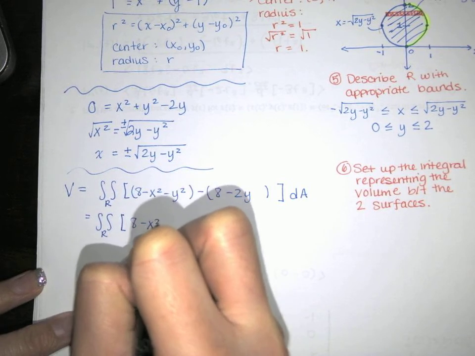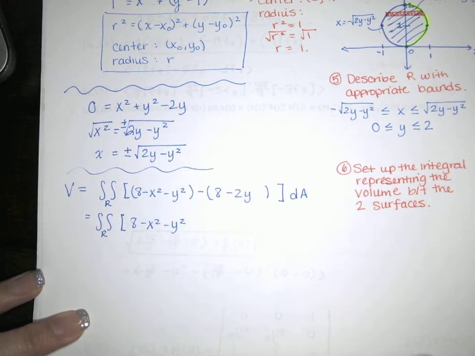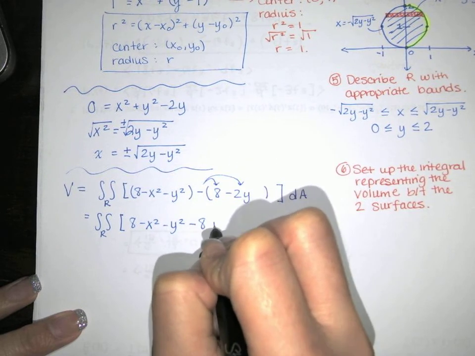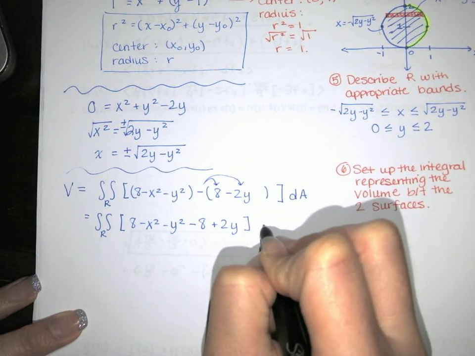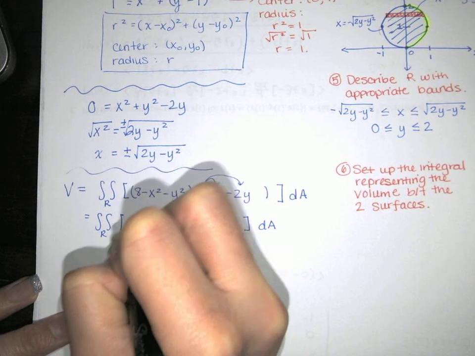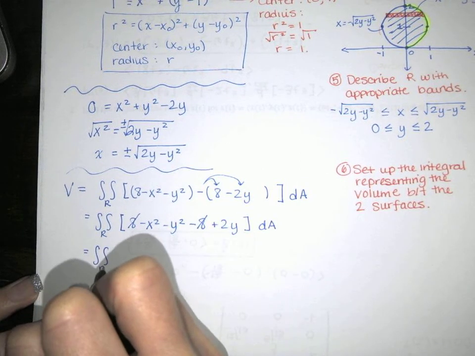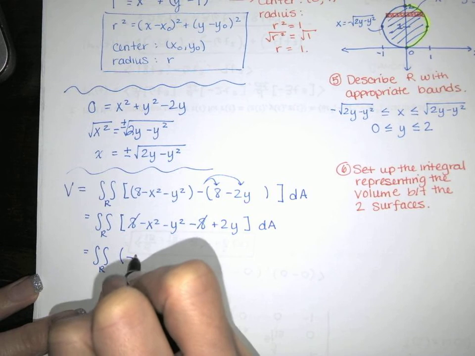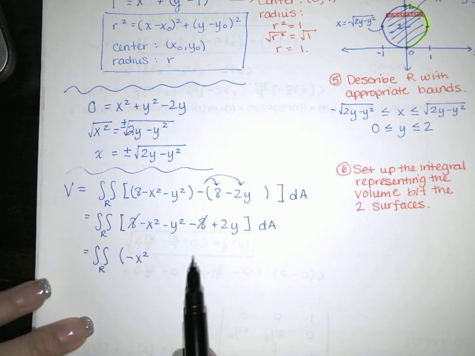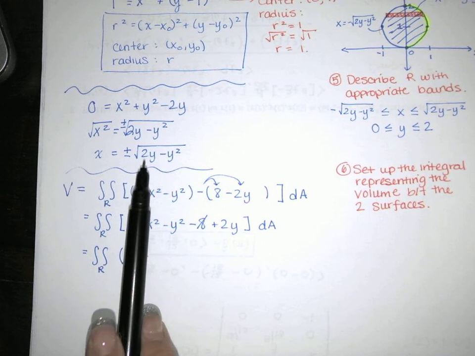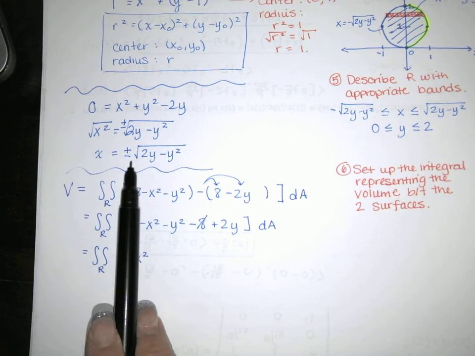You don't really need the parentheses on the first polynomial function in x and y. You can distribute the negative here. And of course the 8's reduce. Now I have negative x squared minus y squared plus 2y. But notice I've got a 2y minus y squared under this radical.